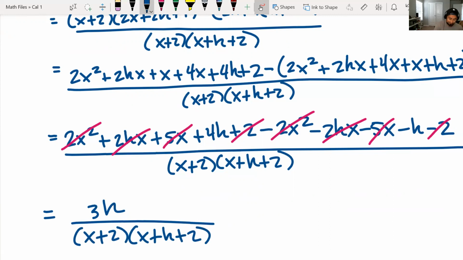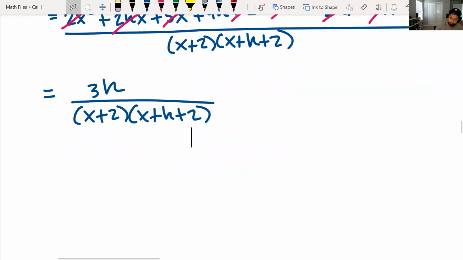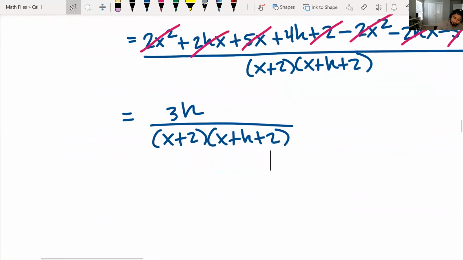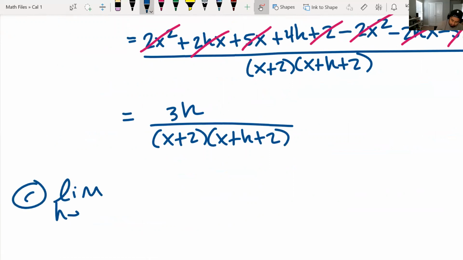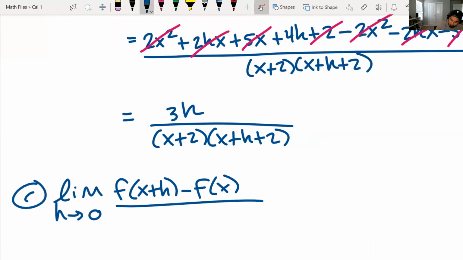Whoa. Now we go on to step C. What is the limit as h approaches 0 of f of x plus h minus f of x over h?